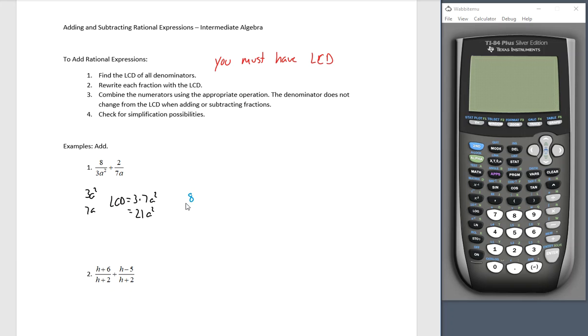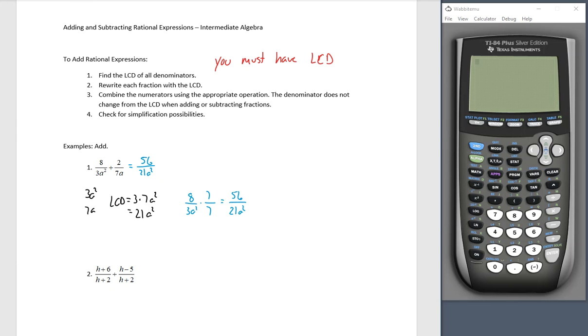So take 8 over 3a squared, and I'm going to multiply it by something to get 21a squared. What is that? I'm going to multiply by 7. 7 times 8 is 56. So now I have 56 over 21a squared.